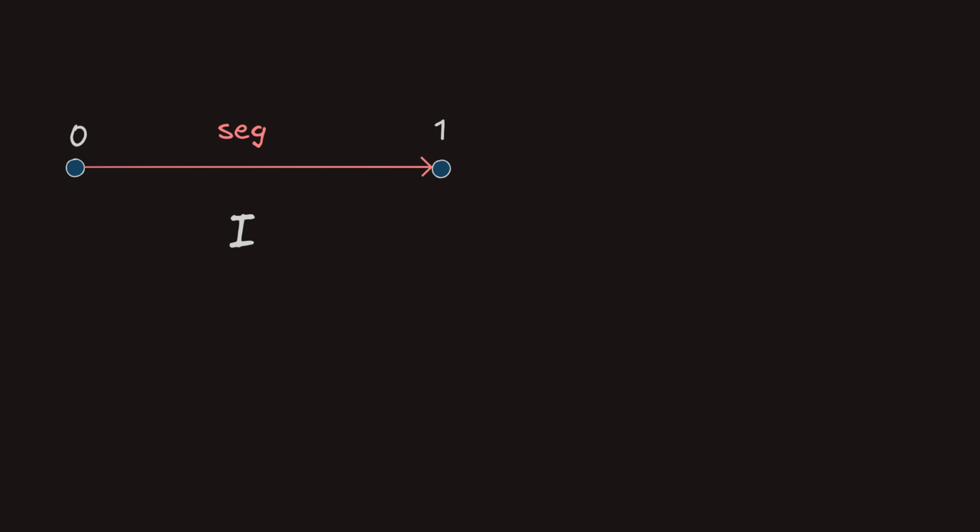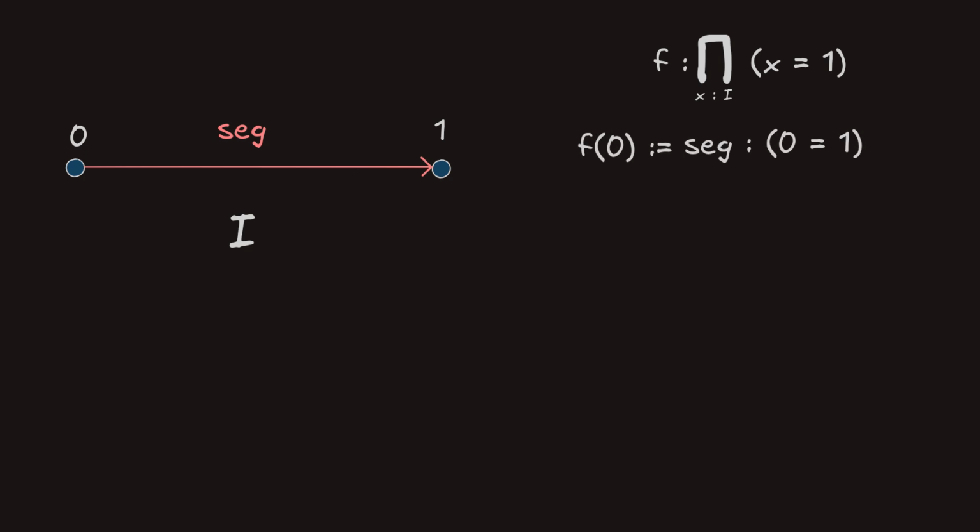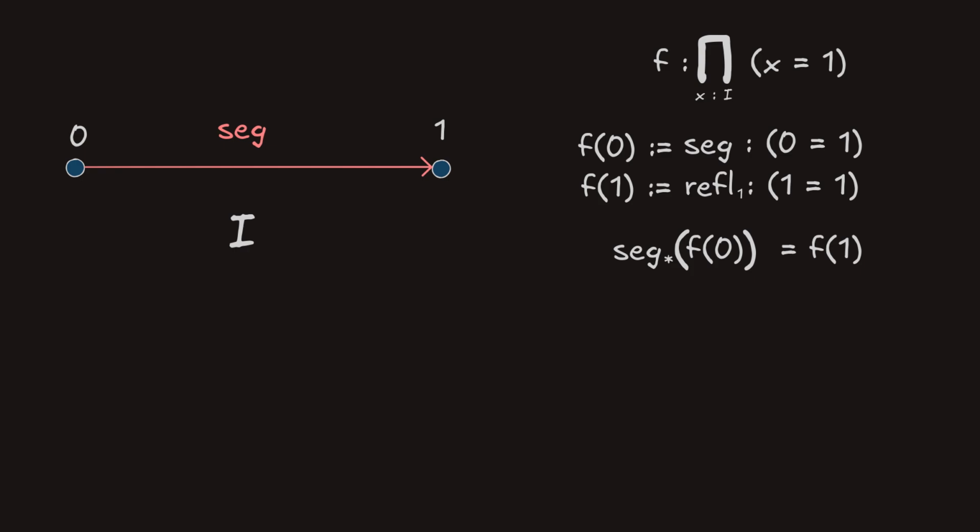We then need to construct a function f that maps every term x in the interval type to a path from x to 1. To construct this section, we let f0 be segment, we let f1 be refill, and finally, to complete the section, we need a path from seg star of f0 to f1.